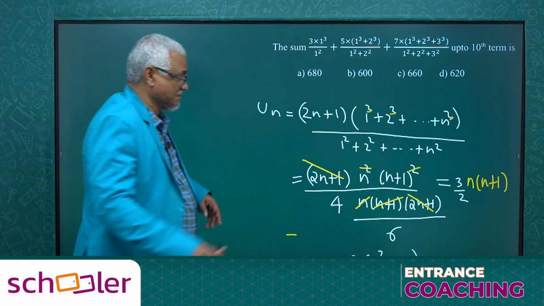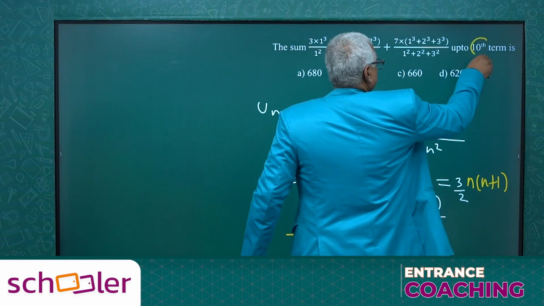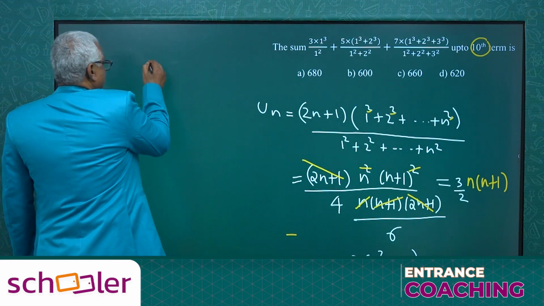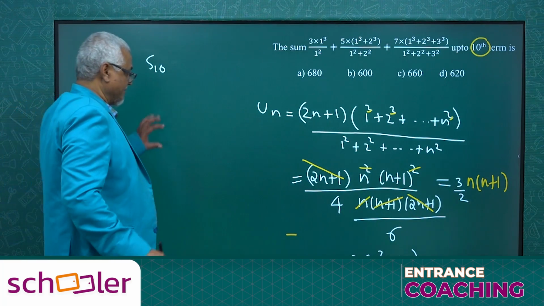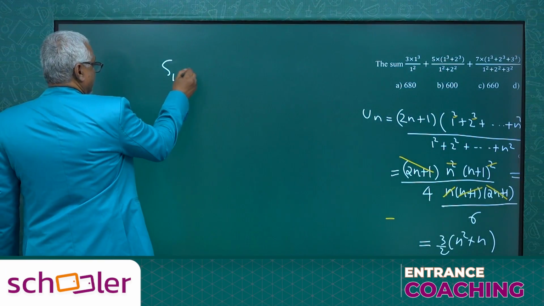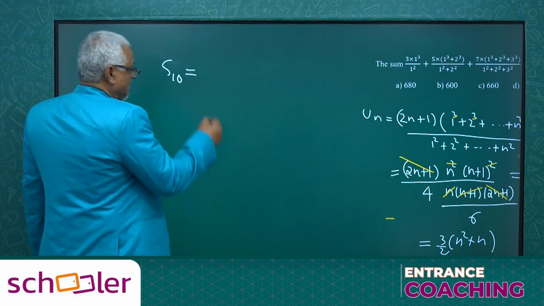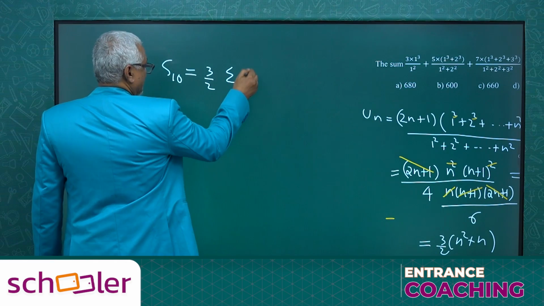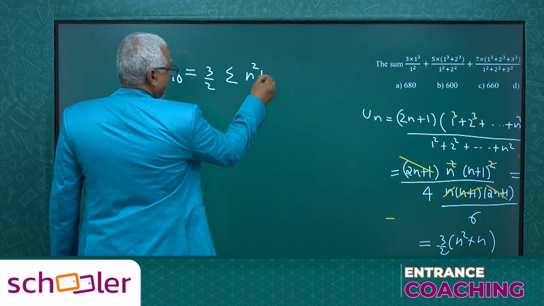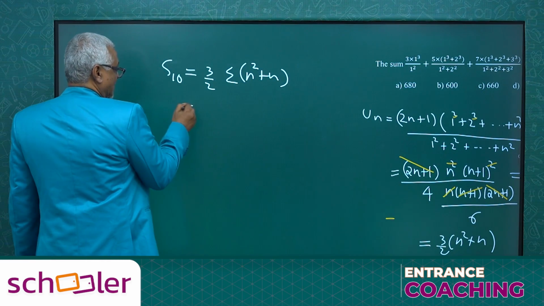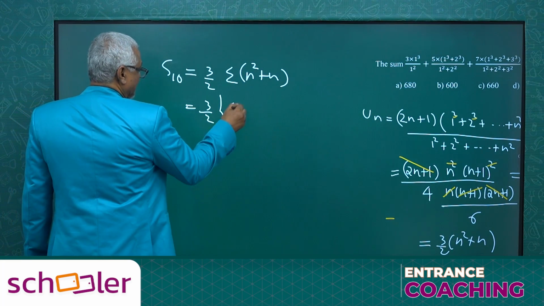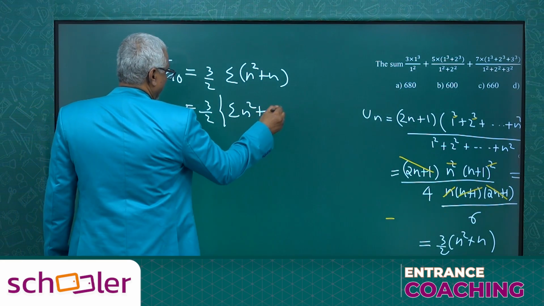Up to 10 terms. We need to find the sum up to 10 terms. So we need S10. S10 is equal to 3 by 2 into sigma n square plus n, which is equal to 3 by 2 times sigma n square plus sigma n.